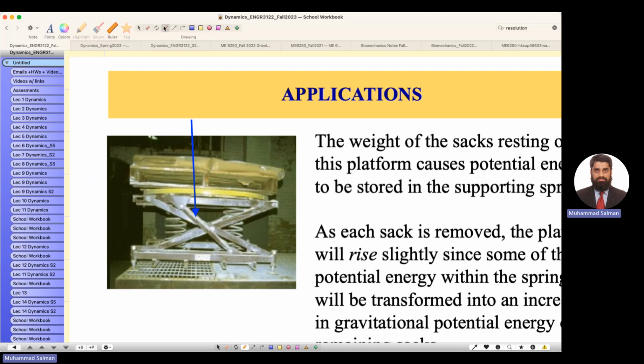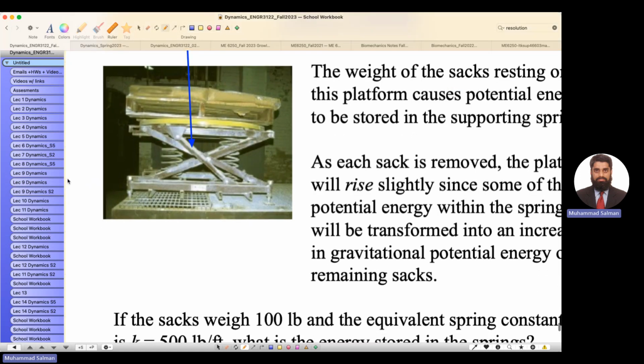Once the springs are deflected, you will find the strain energy stored in the springs from this formula: Vs equals half k delta x squared.